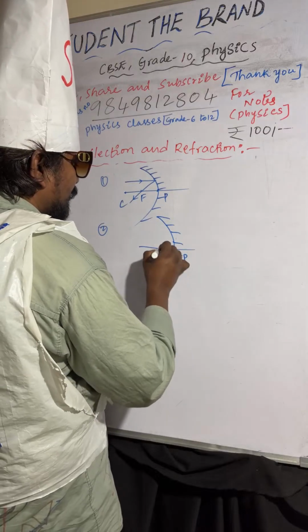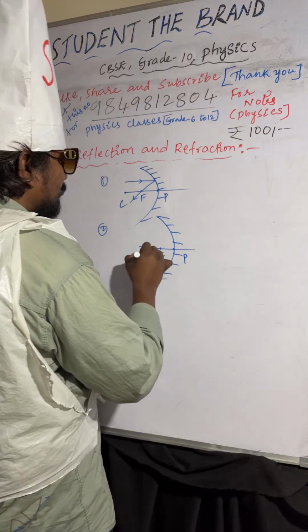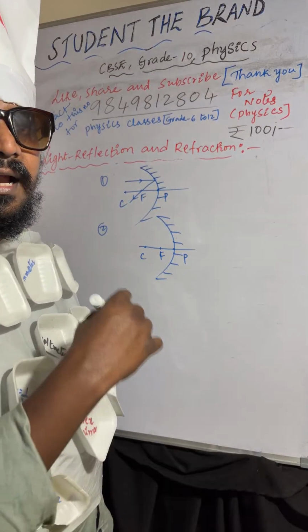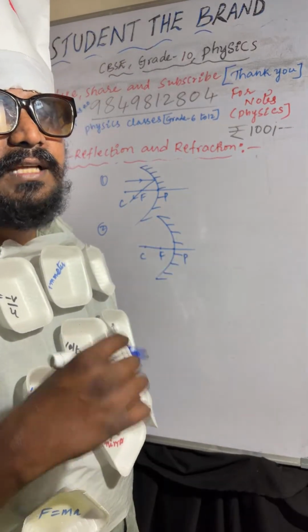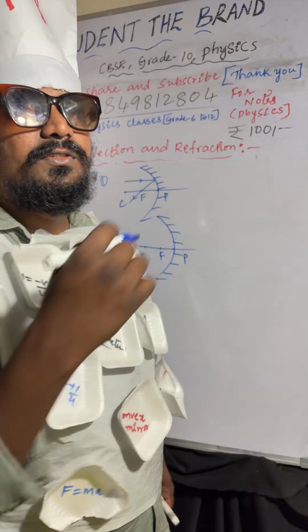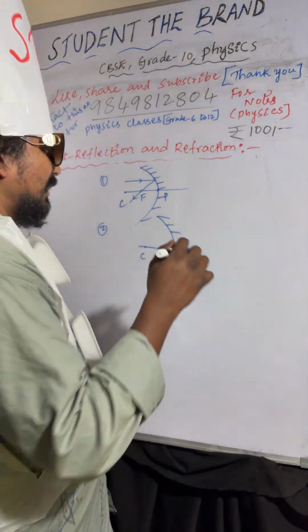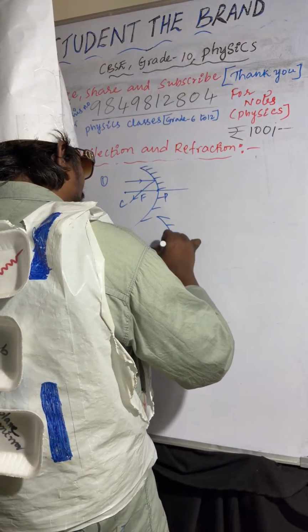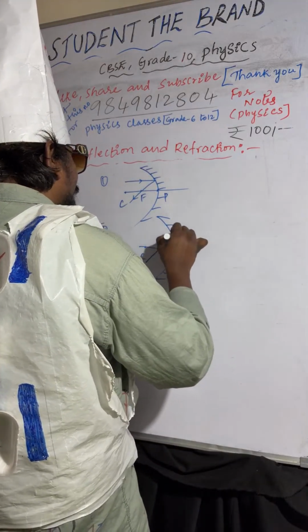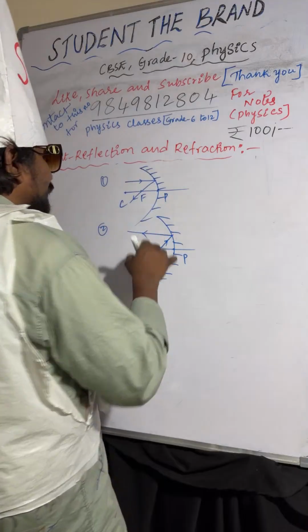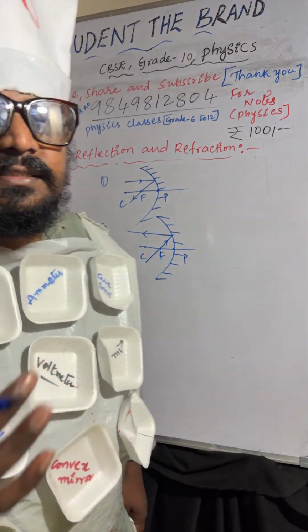Coming to point number 2. With pole, focus, center of curvature, the light ray passing through focus, after reflection moves towards infinity. That is the second one.